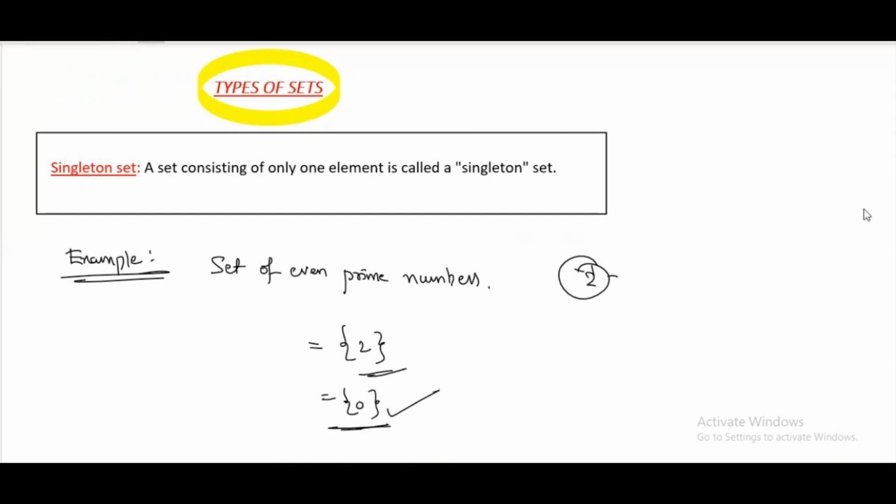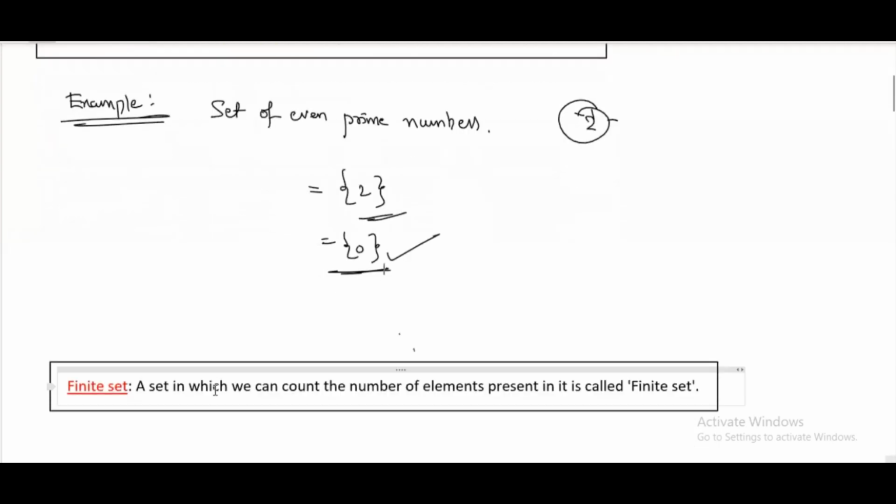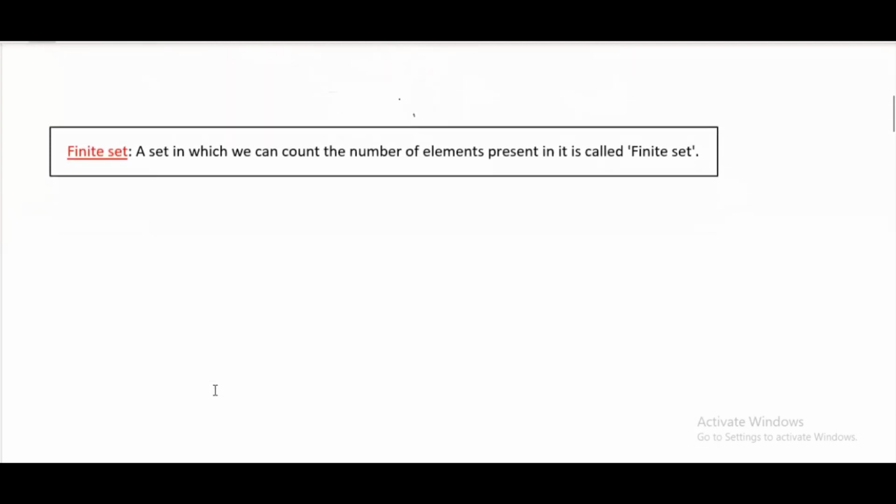Like this, a set which consists of only one element is called a singleton set. Next, finite sets. What is meant by a finite set? For example, if I take the set of natural numbers less than 20, we have 1, 2, 3, 4 up to 20 in this set.